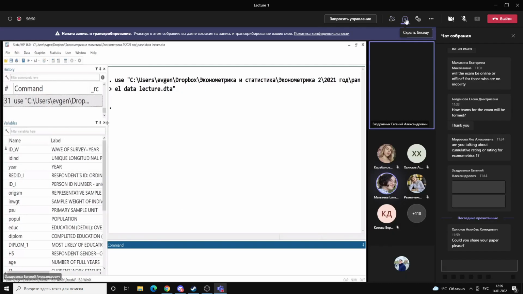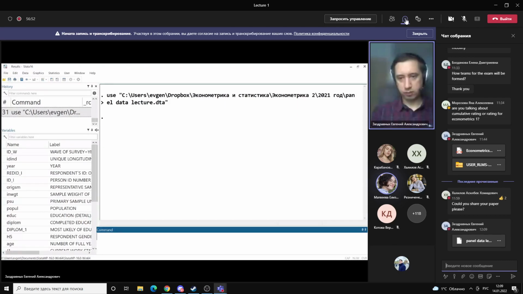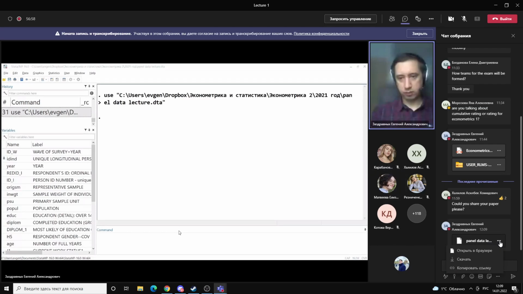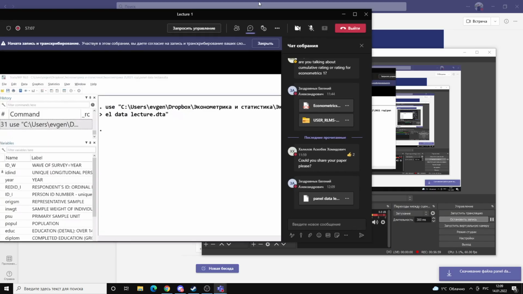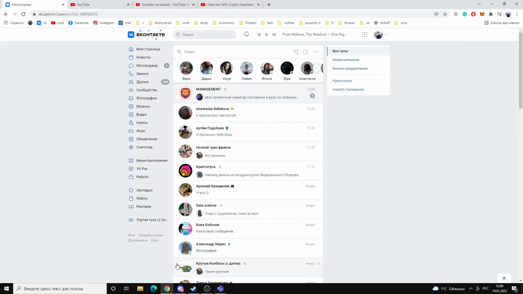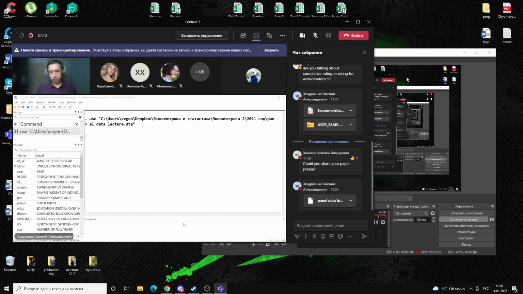Is it the same that you sent in the zip file? Because I already managed to open it. The dataset is the same, but the panel data lecture one has fewer variables and it is easier to process. I see. If your computer memory is small, it could be difficult to work with the user RLMS dataset.